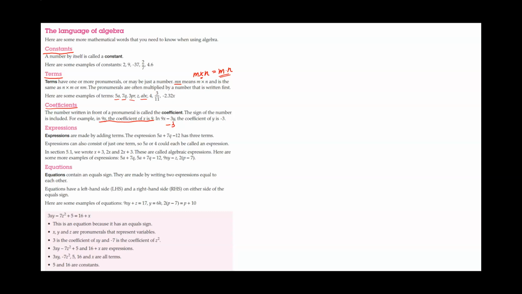For example, -50p, the coefficient of p would be -50. So you've got to consider the negative sign in front too.